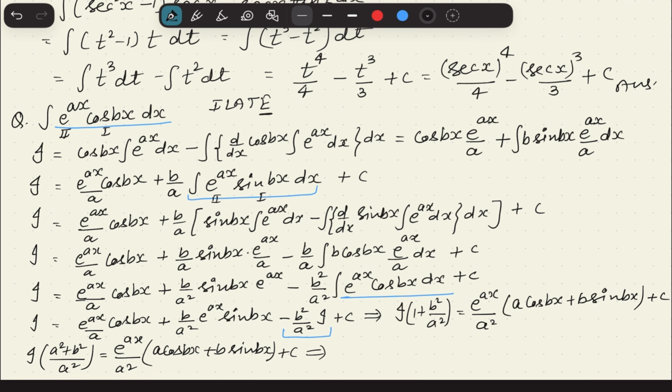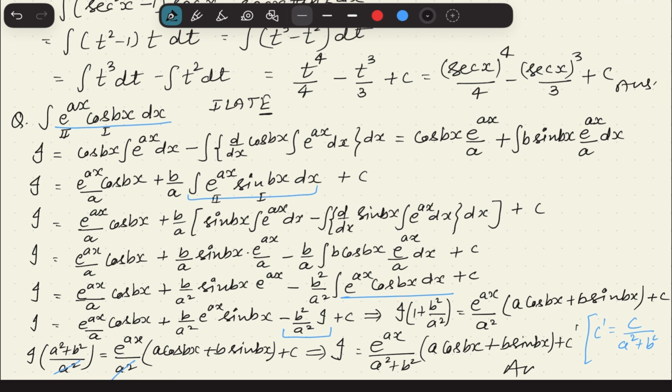So this a square gets cancelled out and we get I is equal to e to the power ax upon a square plus b square into a cos bx plus b sin bx plus c prime, where this c prime is equal to c upon a square plus b square. So this is our answer.